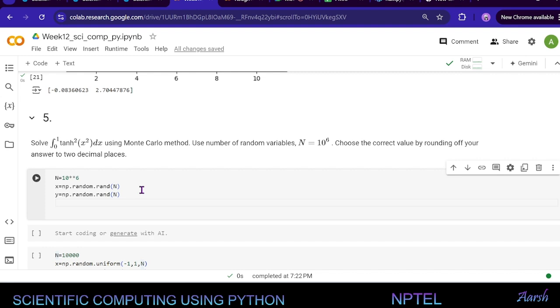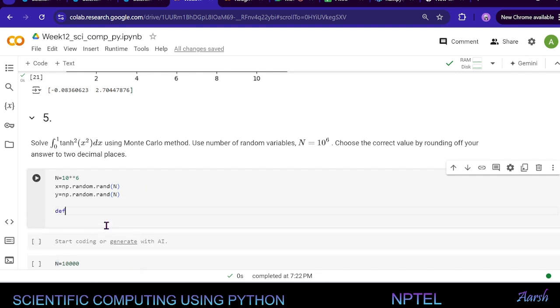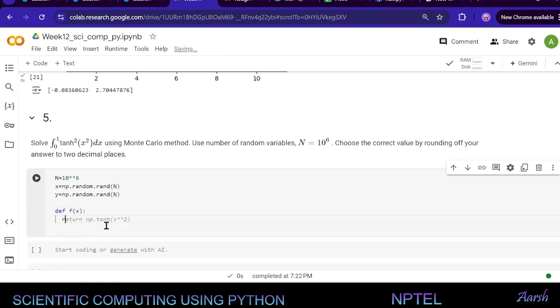Okay, and then let's define the function itself. F of x, which is, so see the algorithm, this AI makes mistakes sometimes. It gives np tanh of x square, but in fact it is the square of this.